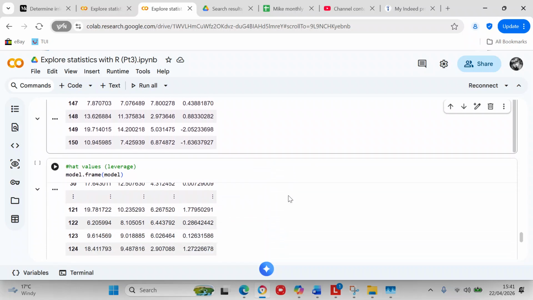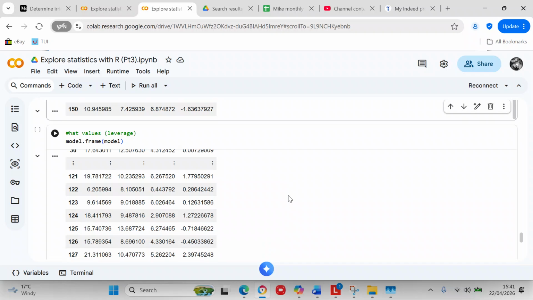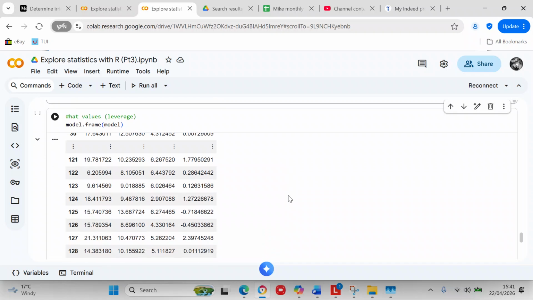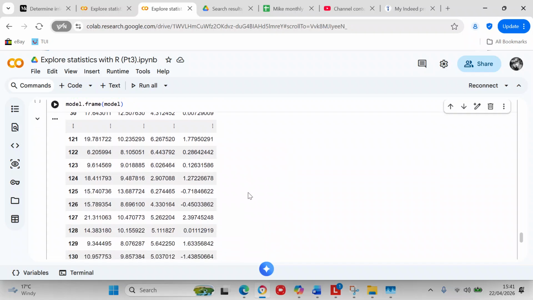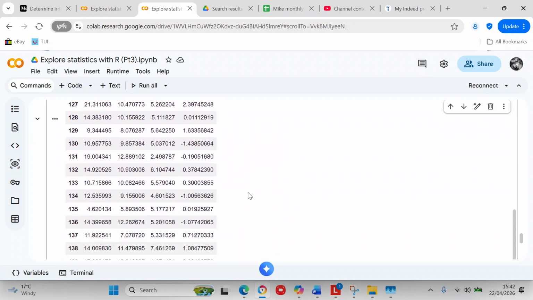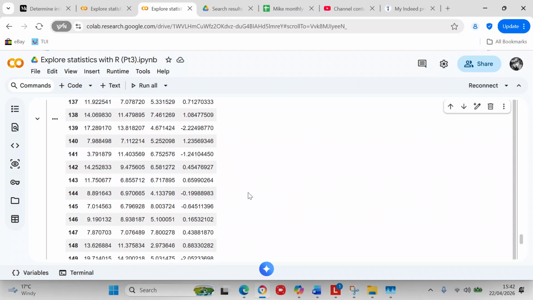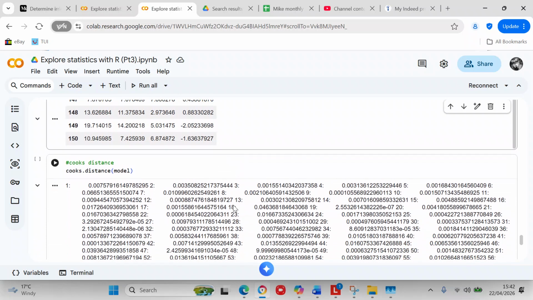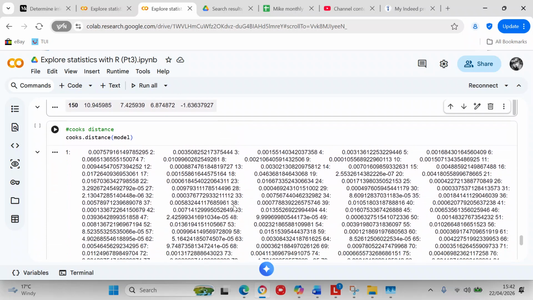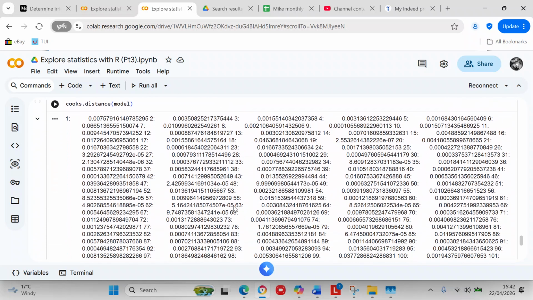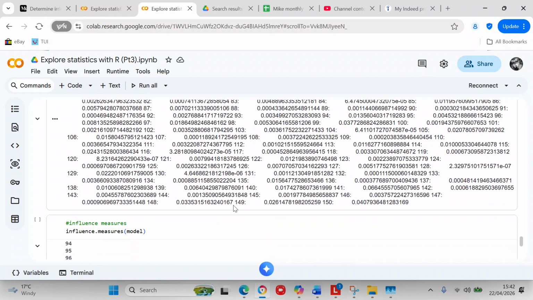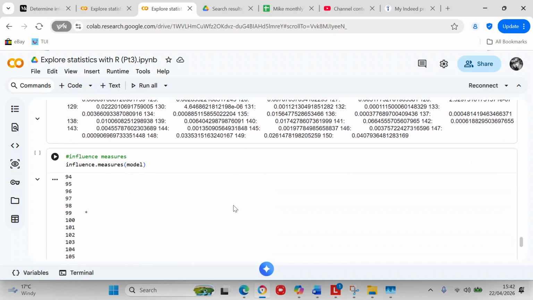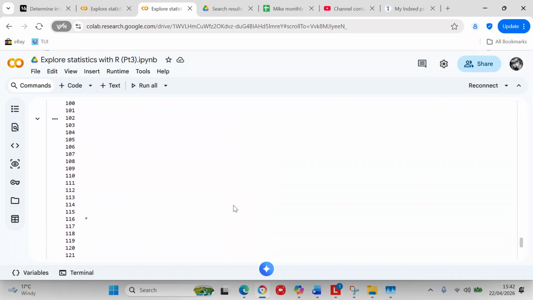You've got your hat values, that's your leverage. So hatvalues model. So you've got 150 as well, since you had 150 samples. You've got your Cook's distance, cooks.distance model, and you've got your answer. You've got your influence measures, influence.measures model, and then that gives you that information.